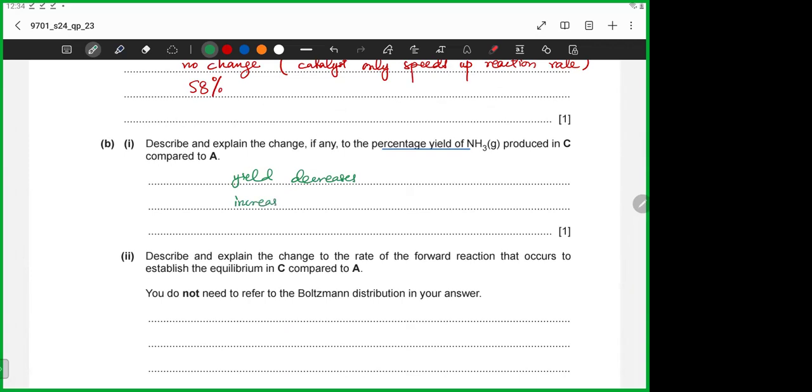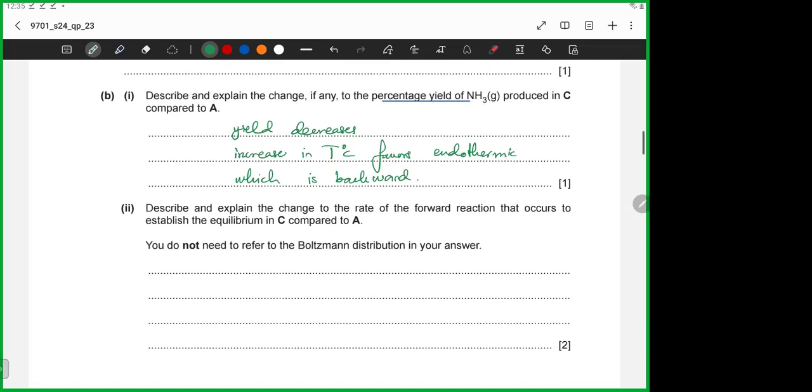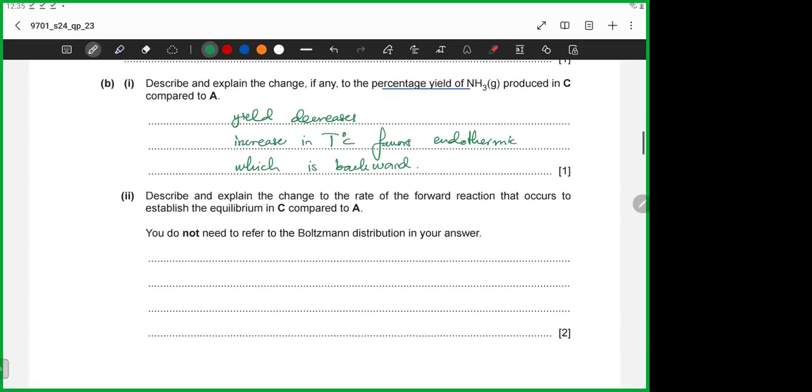Why does an increase in temperature favor endothermic? Which is backward. Okay. Describe and explain the change to the rate of the forward reaction.